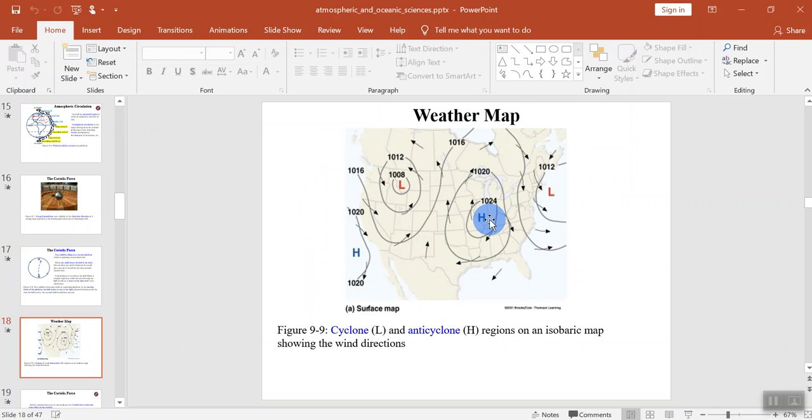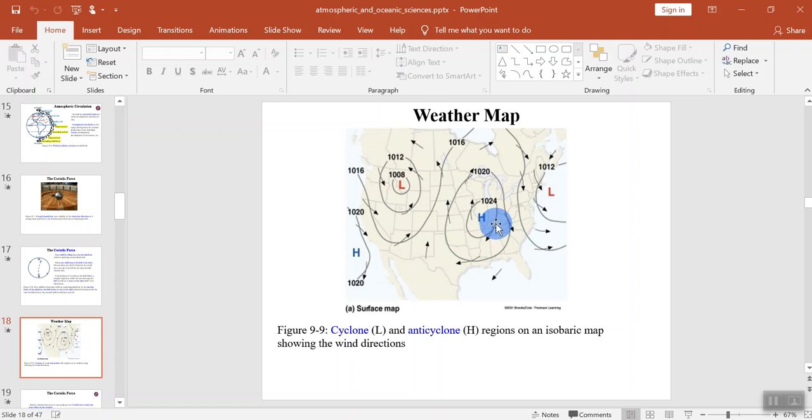So let's talk about the weather map. This is called a high pressure formation. It's an anticyclone. This is a low pressure formation. It's a cyclone. Okay, so you see the pressure here in millibars, 1020 millibars, so 1 bar, 1 atmospheric pressure, 1024, and so on.